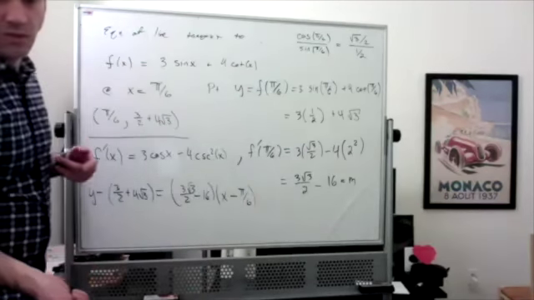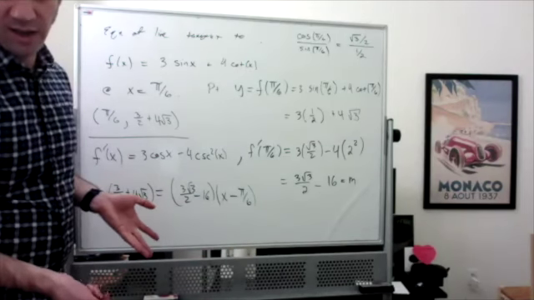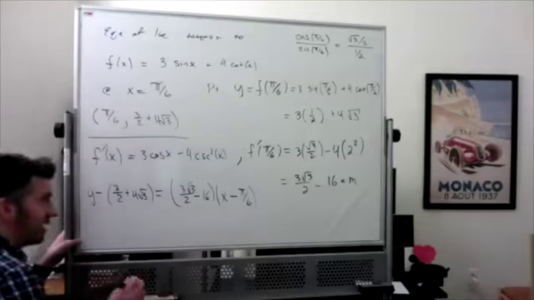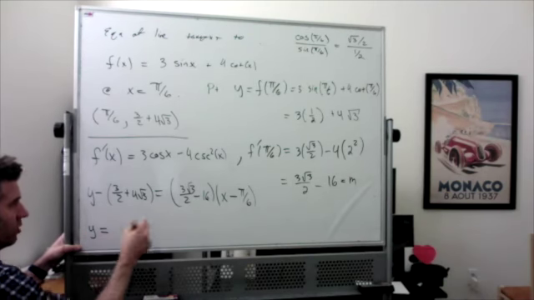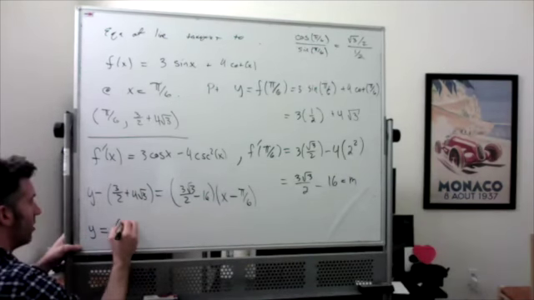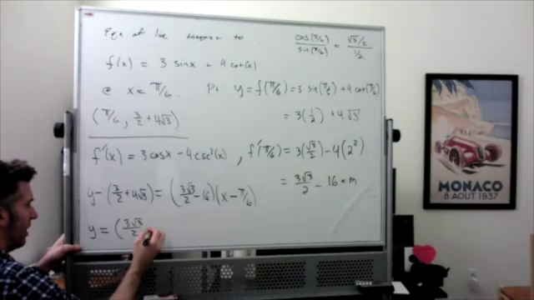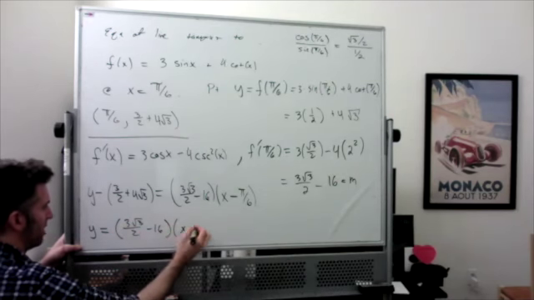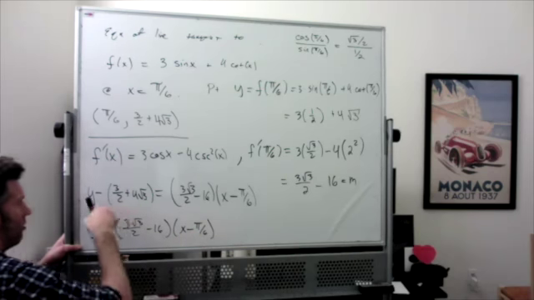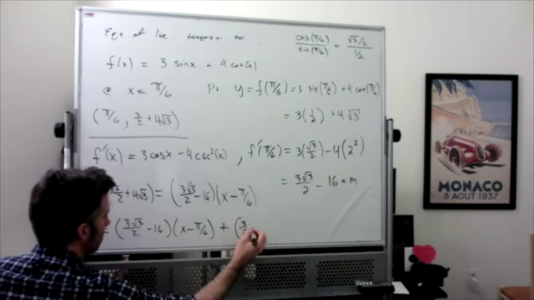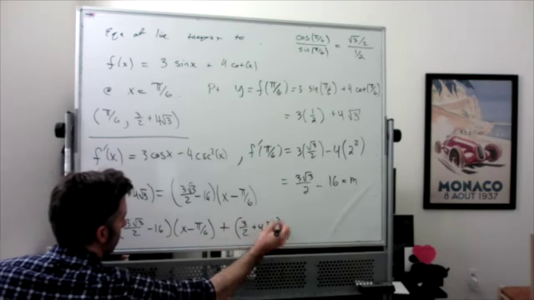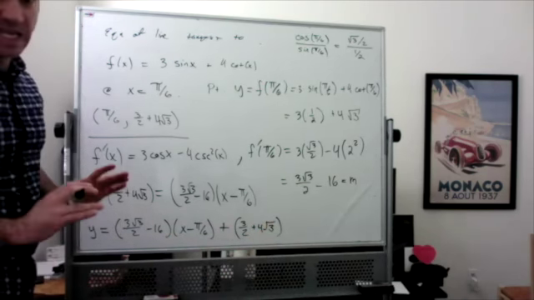Now, usually in WeBWorK, they're asking you to solve for y. So the final answer that I would type in would be y equal to all this, 3 root 3 over 2 minus 16 times x minus pi over 6, plus this number here, 3 over 2 plus 4 root 3. And you shouldn't do any other simplifying.